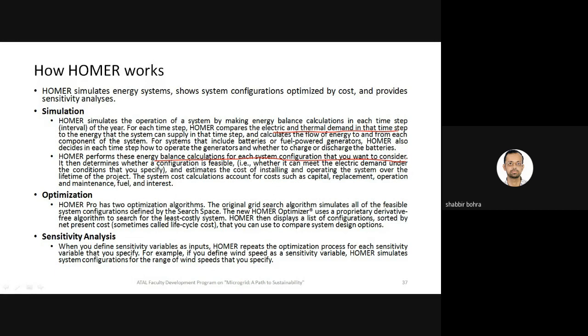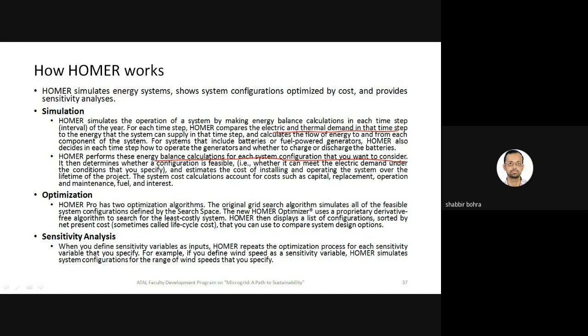And apart from that, you can even go for the sensitivity analysis. Some of you might be familiar with it. For a given system or given source, you might be thinking of what could be the size of it.